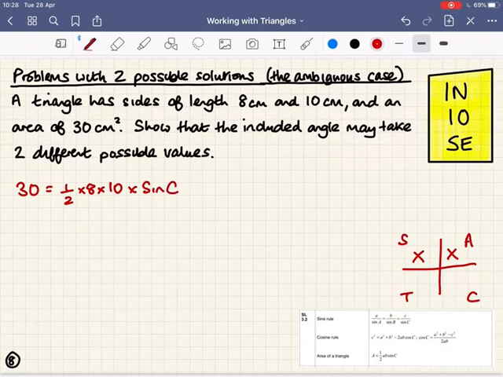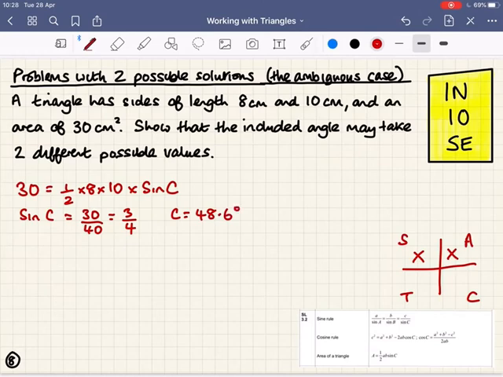So sine C was equal to 30 over half times 8 times 10. Half of 80 is 40. So sine C was equal to 30 over 40, which is 3/4. So on my calculator, the principal value that's going to come back is that C is equal to 48.6 degrees.